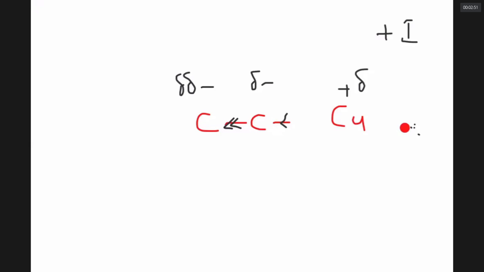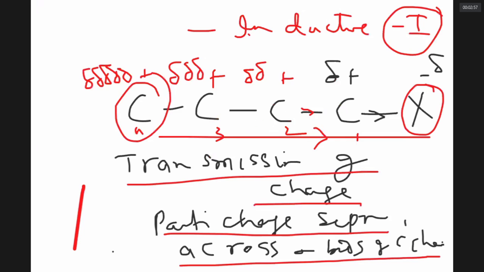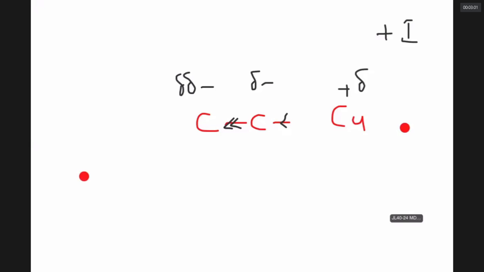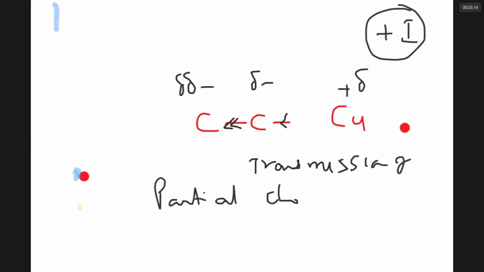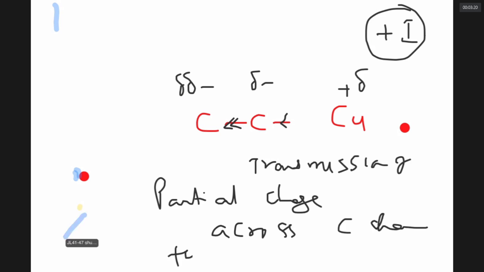I am saying that whenever there is a carbon chain, if electrons are taken away from the carbon chain, it is called minus I effect. If electrons are entering into the carbon chain, it is called plus I effect. Both these effects involve transmission of partial charge across the carbon chain through sigma bonds.